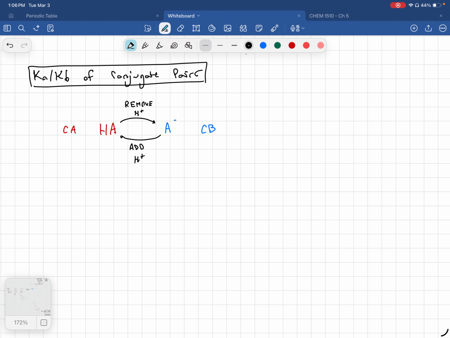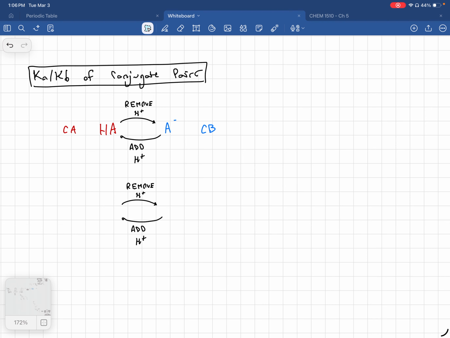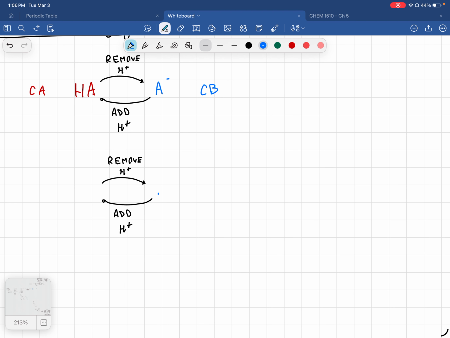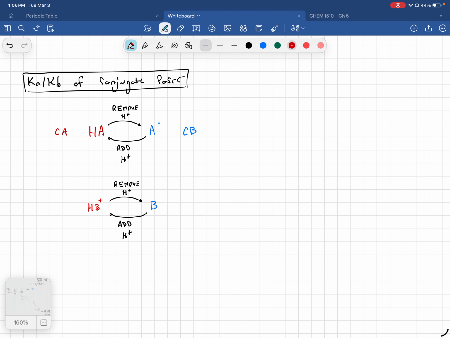We could do the same thing for some base and its conjugate acid. Again, we start with our base here, and then the acid form would be HB plus. So there are multiple ways to look at this.